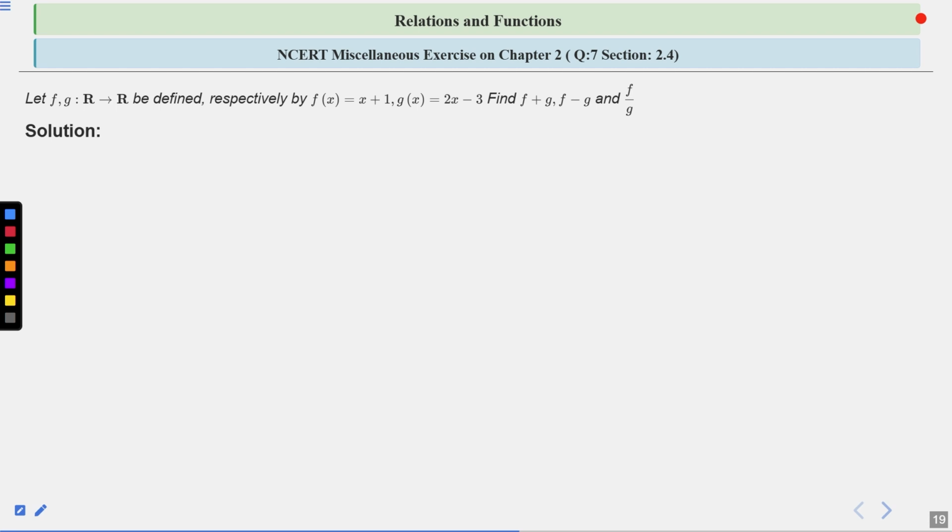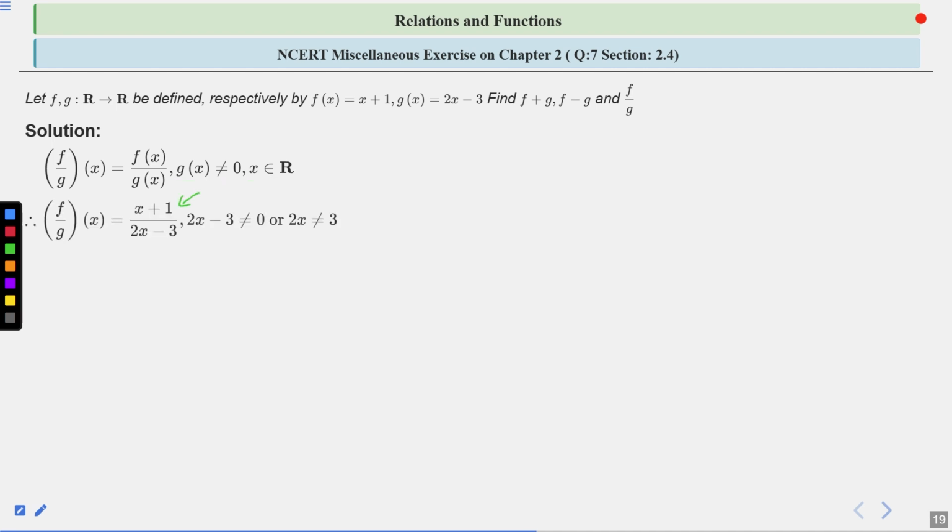Now for f by g, if you recall the definition, how you defined it? f(x) by g(x), where g(x) cannot be 0 in its domain. Clear? So the f(x) expression is x + 1, the g(x) expression is 2x - 3, and we want that this denominator, this g(x), cannot be 0.